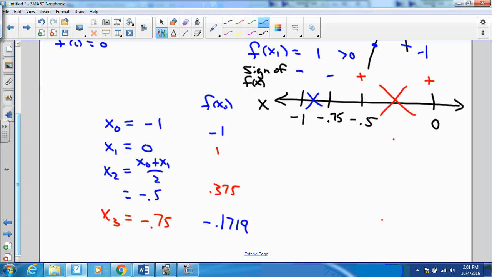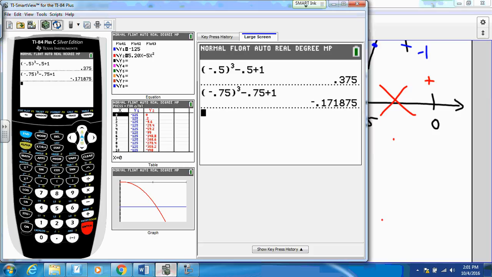And what would that be? Negative 0.625. Okay, and I can plug that in. Negative 0.625 to the third minus 0.625 plus 1, and I get 0.1309.